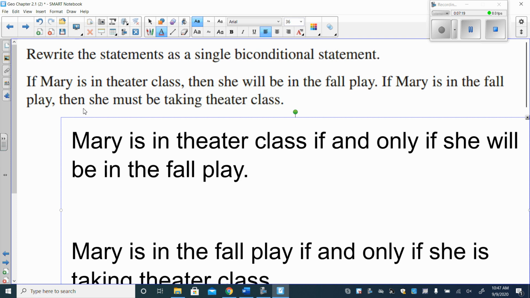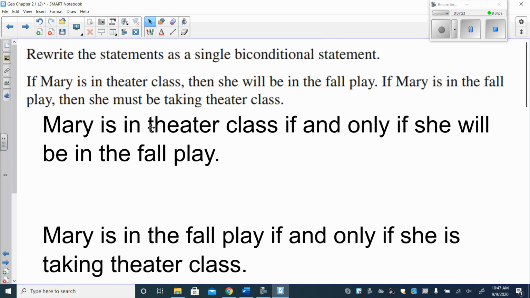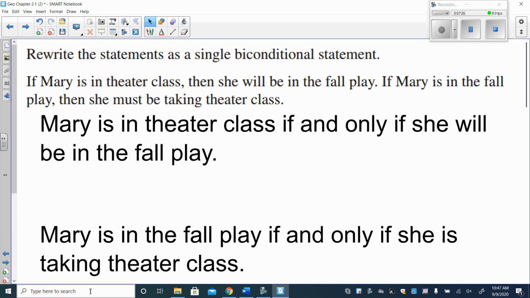Now I changed it a little bit there because the wording would have probably been a little funky. But that's it. We're just rewriting as if and only if.